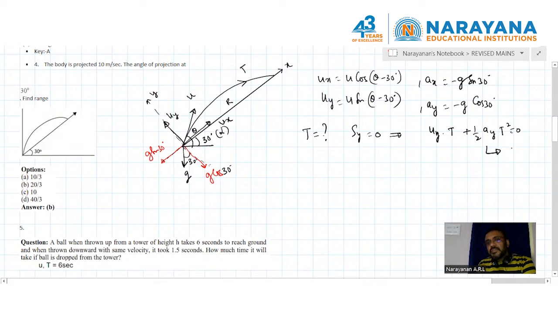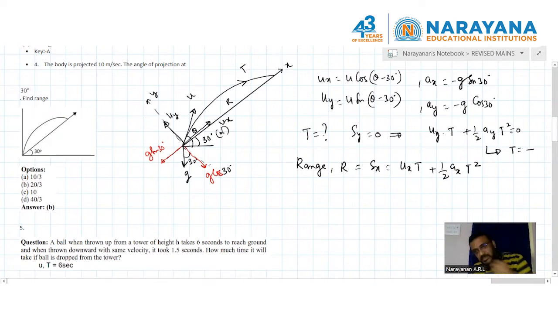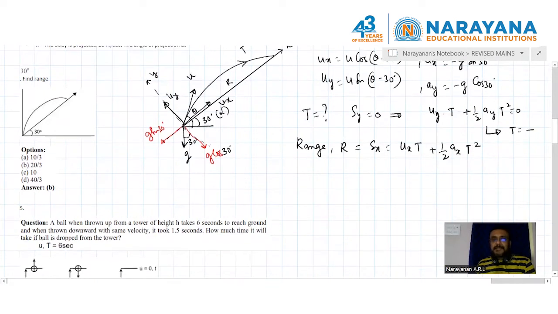So use this expression to calculate the value of t. Once you know the value of t, you can use the expression R equal to sx is equal to ux t plus half ax into t square. By solving this, you can get the value of the range, which is required.